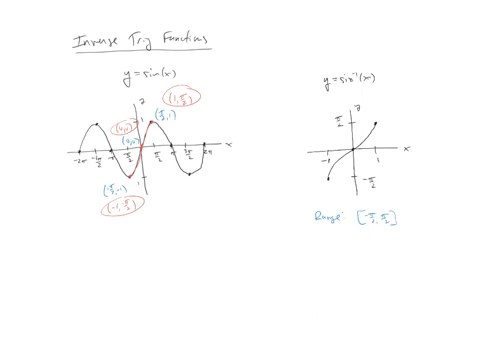When talking about x's and y's, the range and the y coordinate go hand in hand. So essentially what this is saying is that all y values are bounded between negative pi over 2 and pi over 2.